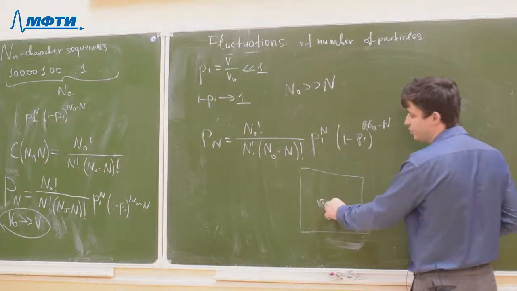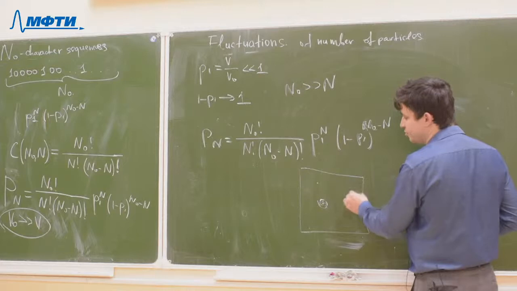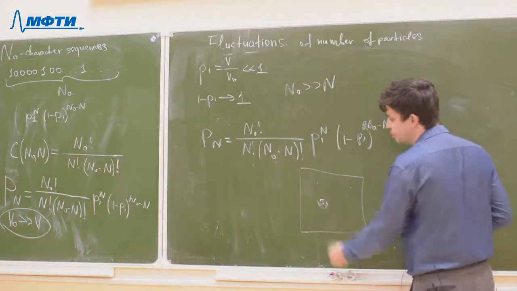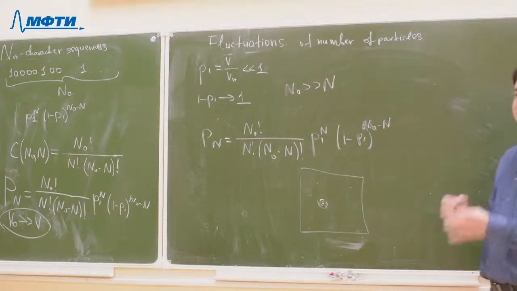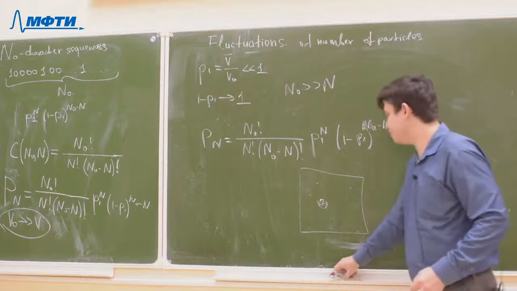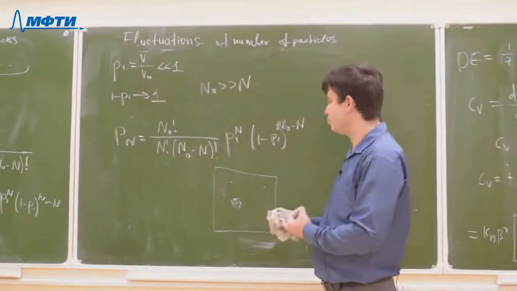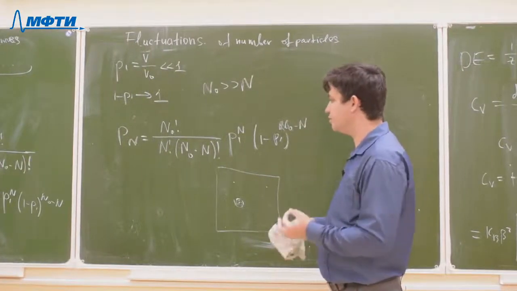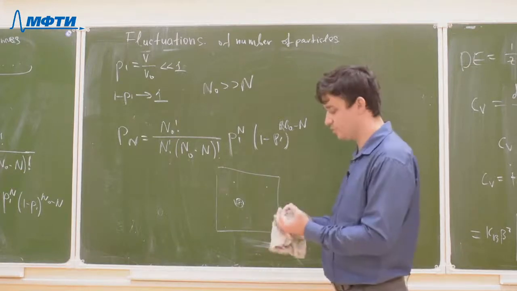And all of the molecules have assembled here for some reason, and almost no molecules are outside of a selected volume. This event is improbable. And there is even a problem in the homework which allows you to show that this is almost impossible.